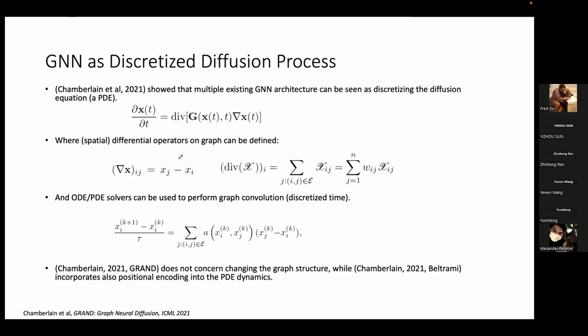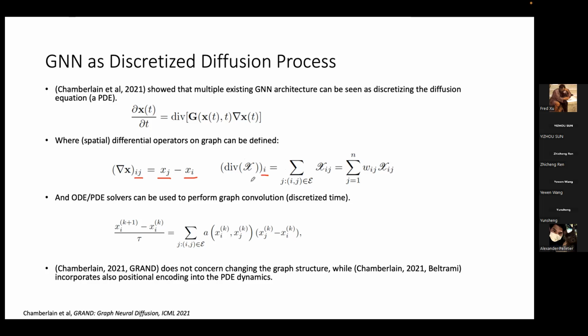We first define the discrete analogue of the differential operators. For example, we define the gradient of X to be the difference between the node features of two nodes. Then we define the divergence operator on the node features. You can see the gradient is with respect to an edge, while divergence is with respect to a node.